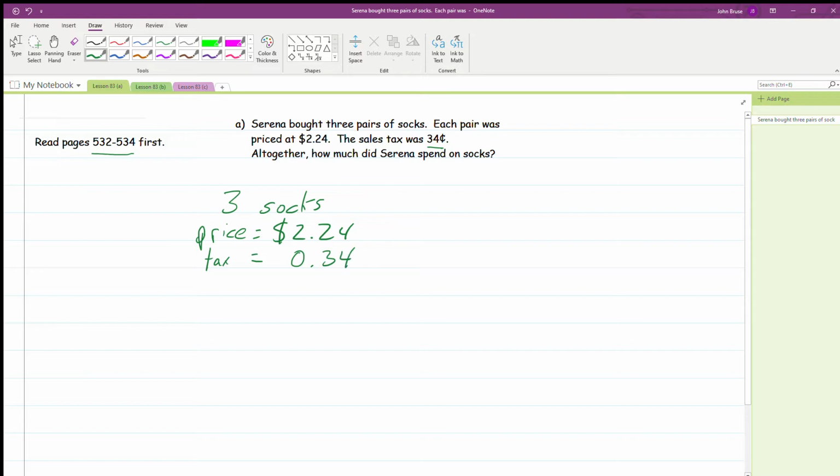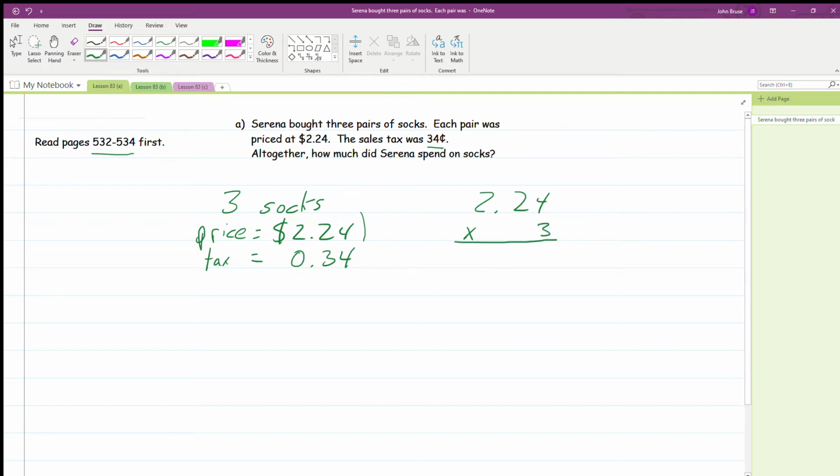Altogether, how much did Serena spend on socks? Well, she bought 3 pairs, and each pair was $2.24, and the sales tax was 34 cents. So we're going to multiply this 224 here times 3, because she bought 3 pairs of socks.